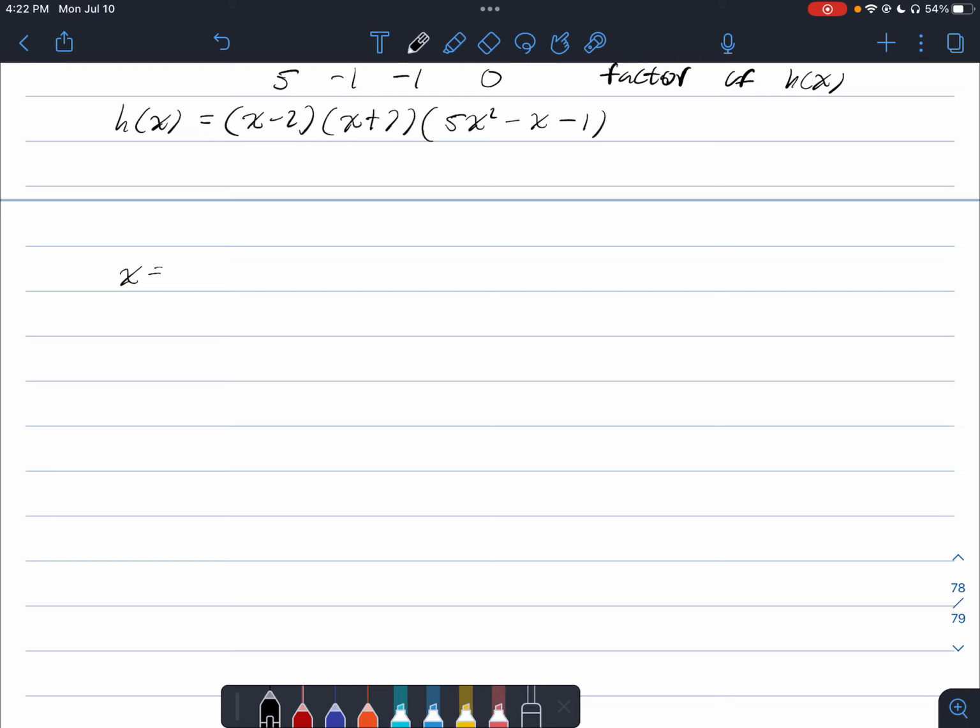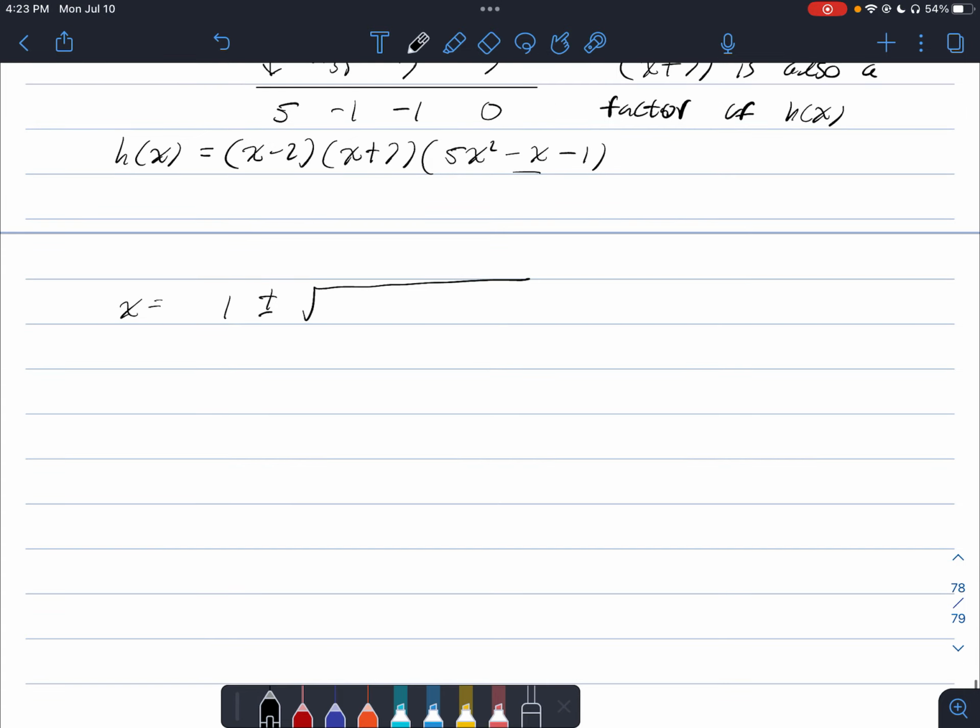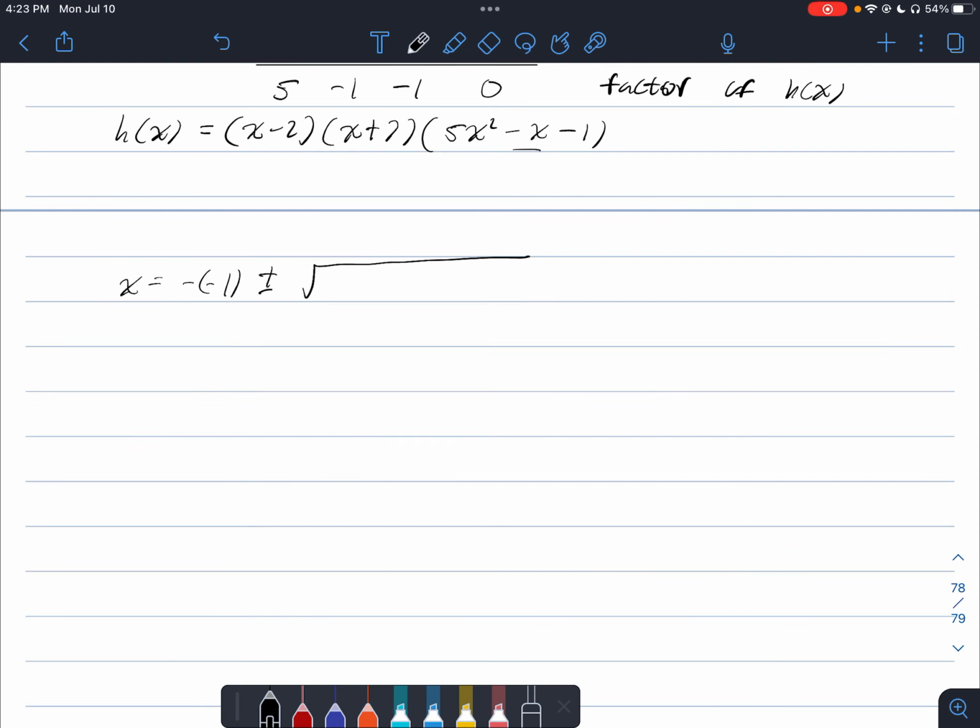So we'll have x is equal to negative b, or in this case, negative -1, so we'll have +1, plus or minus the square root of b squared. Well, we'll just be consistent here. So we'll have -1 squared minus 4 times 5 times -1, all over 2 times 5.